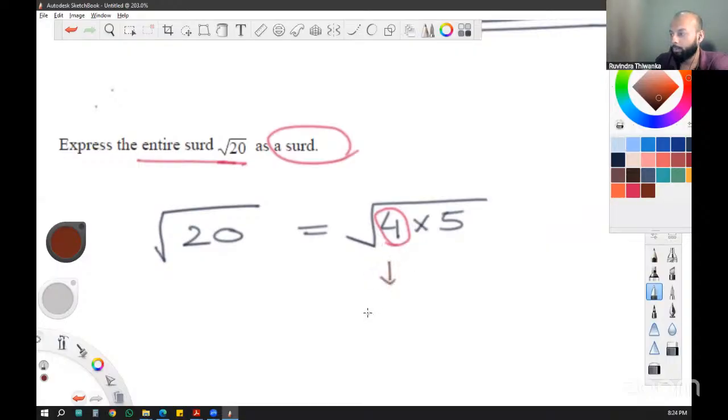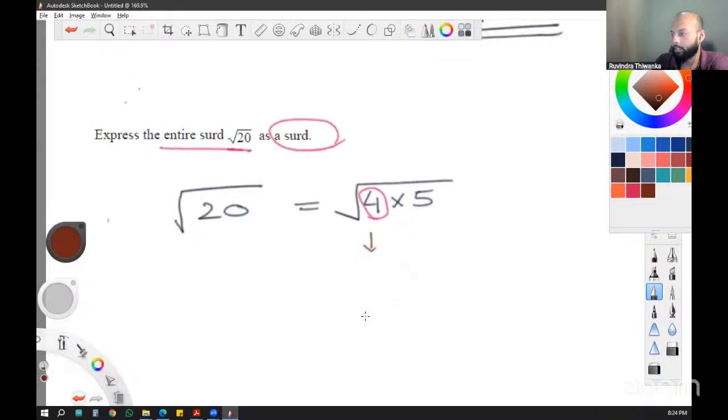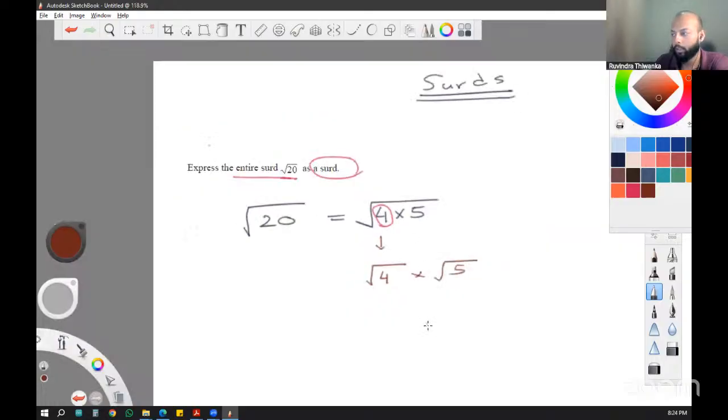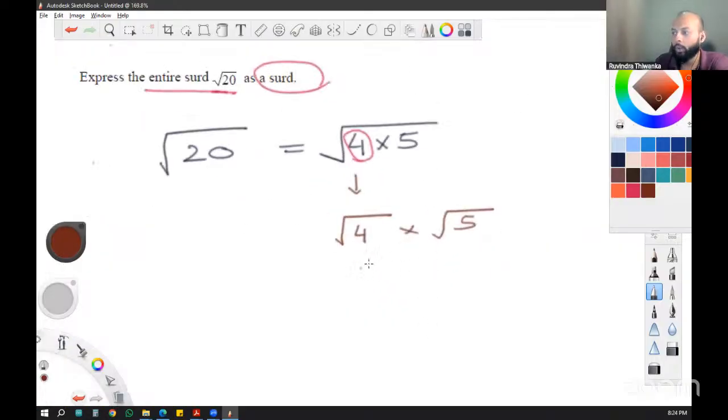When you put a square root like this, you can write it like this also: square root 4 times square root 5. Now you know the square root of 4 makes 2, and square root 5 you can write like this. This is the surd.